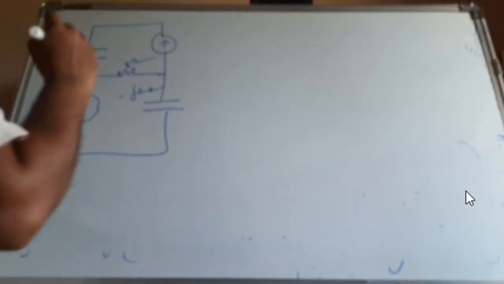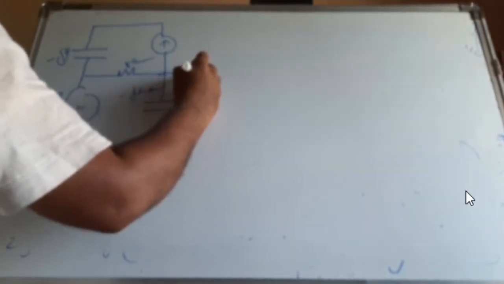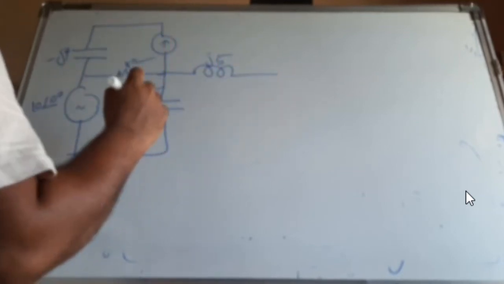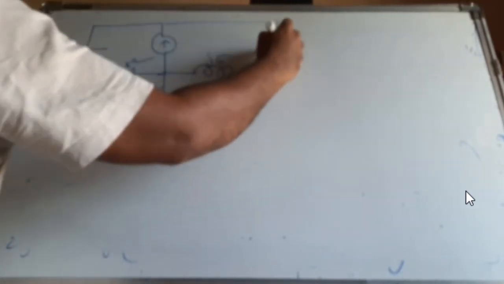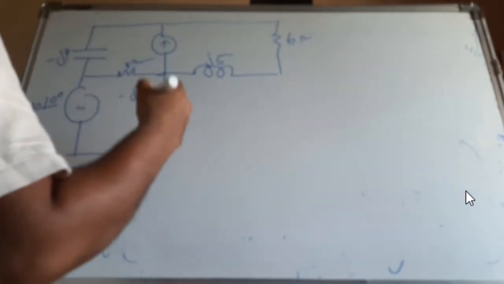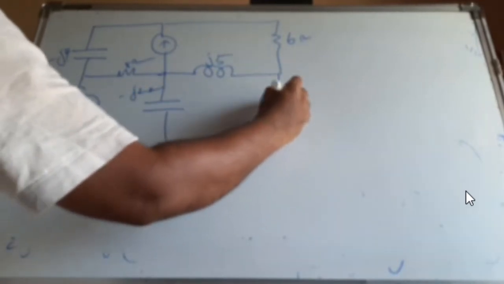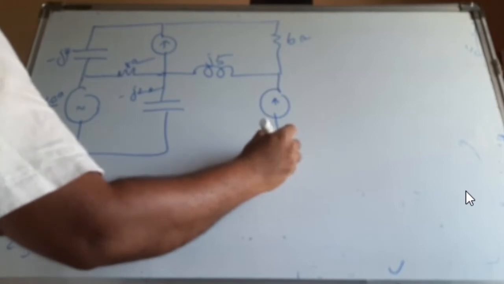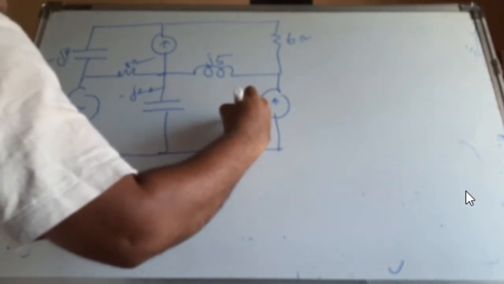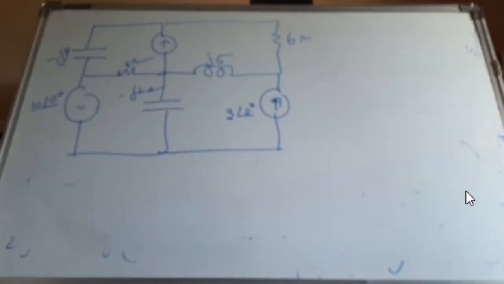Now here I have a 5, and here there is another resistance. There is another current source, and this is a voltage.